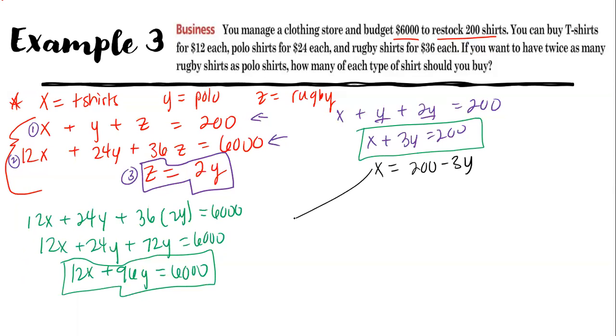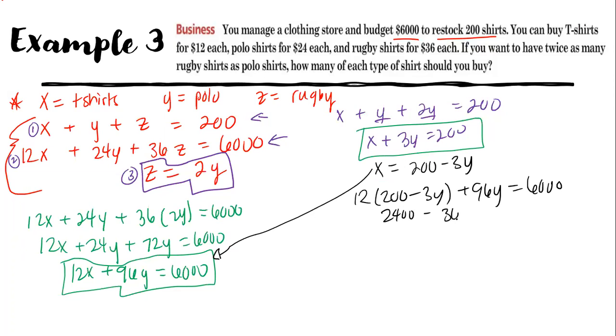And I'm going to substitute x into here and solve for y. So I have 12 times 200 minus 3y plus 96y equals 6,000. And that gives me 2,400 minus 36y plus 96y.